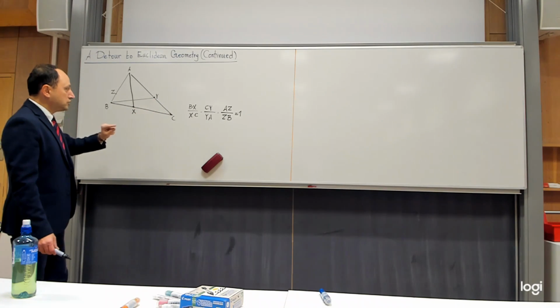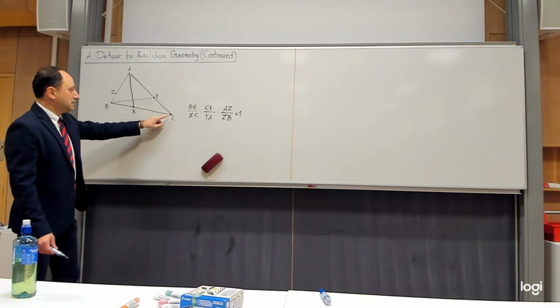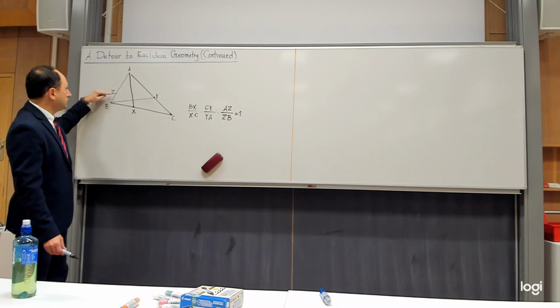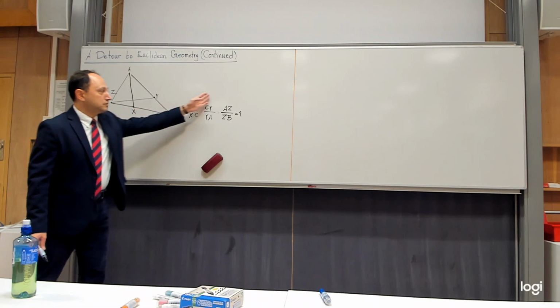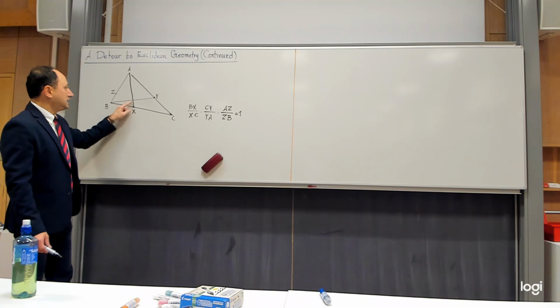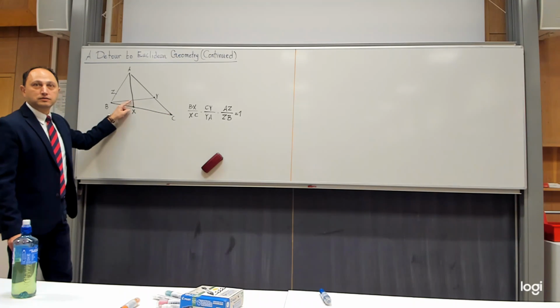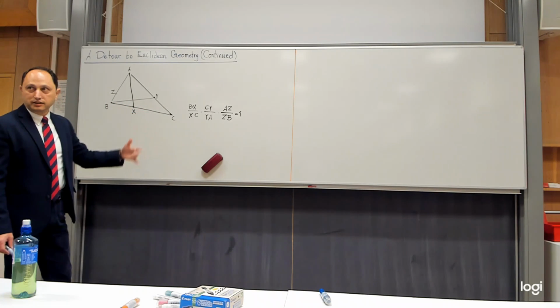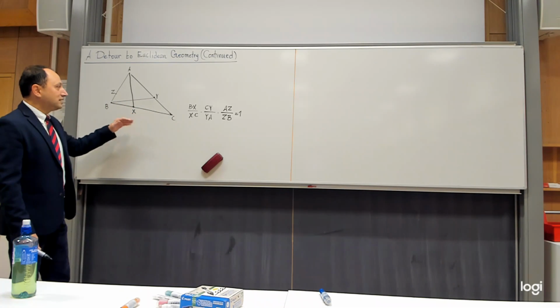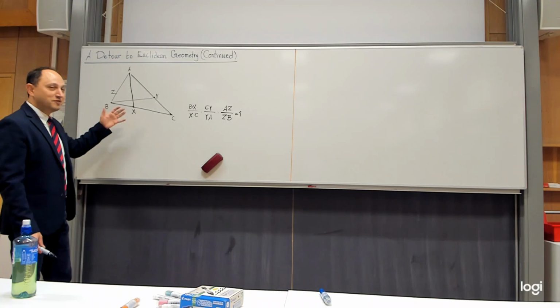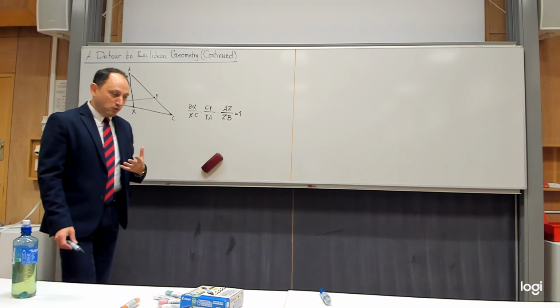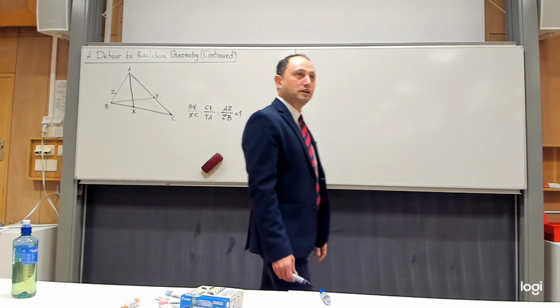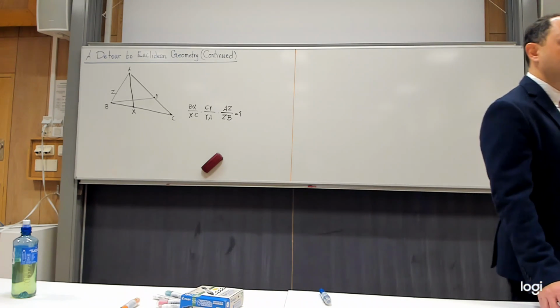My conclusion is that if I connect C to this point Z with that property, then definitely it will pass through this point. Is that understandable? So the strategy is clear, yes? But if you don't have experience, it's very hard to imagine where we should go and how we should prove this theorem. Yes?